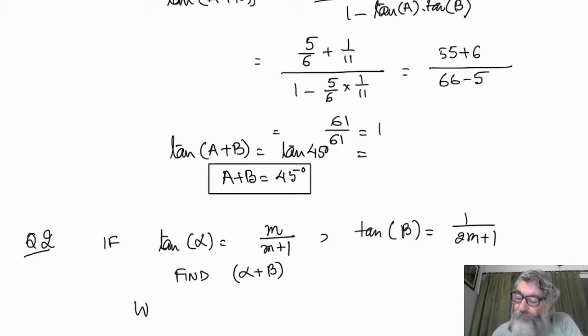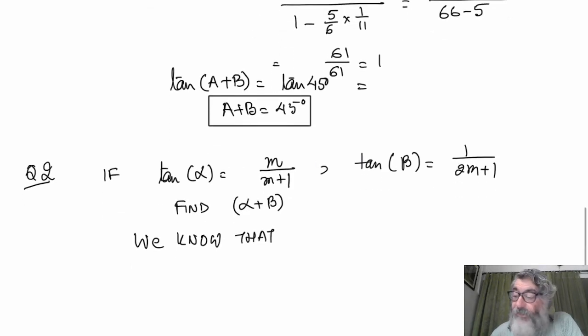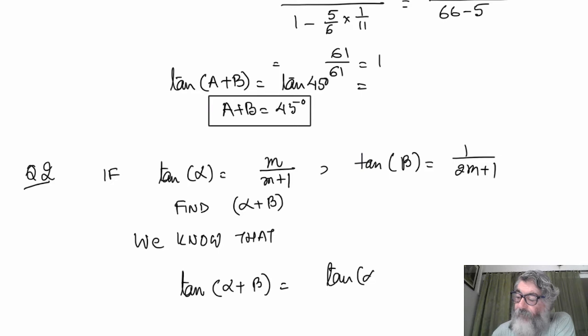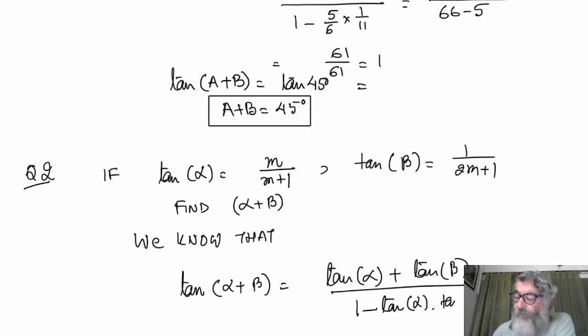We know, every time write the formula like tan(alpha plus beta), instead of A plus B it is alpha and beta, it will be tan alpha plus tan beta upon 1 minus tan alpha tan beta.